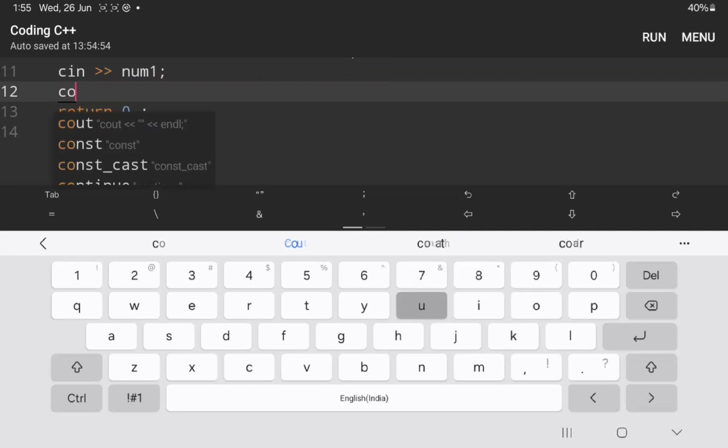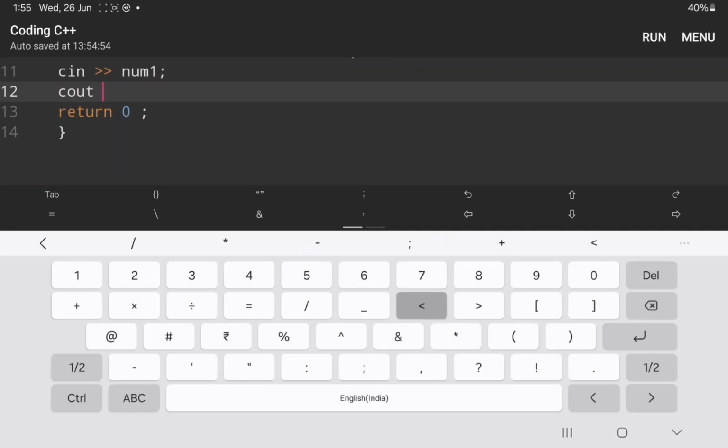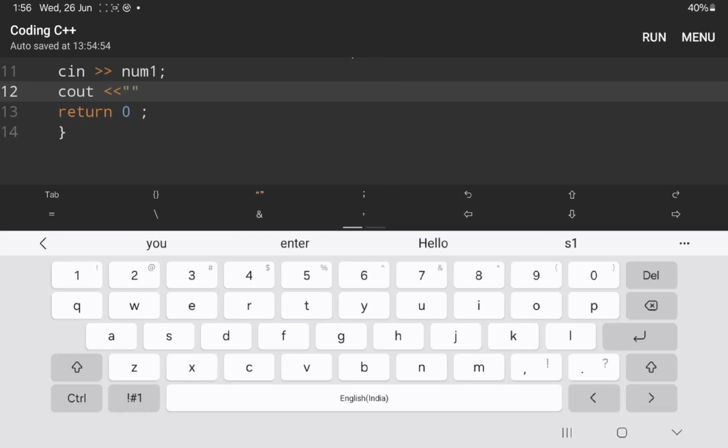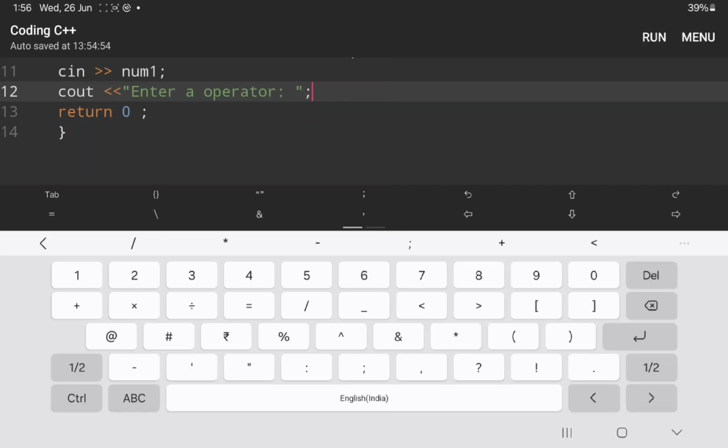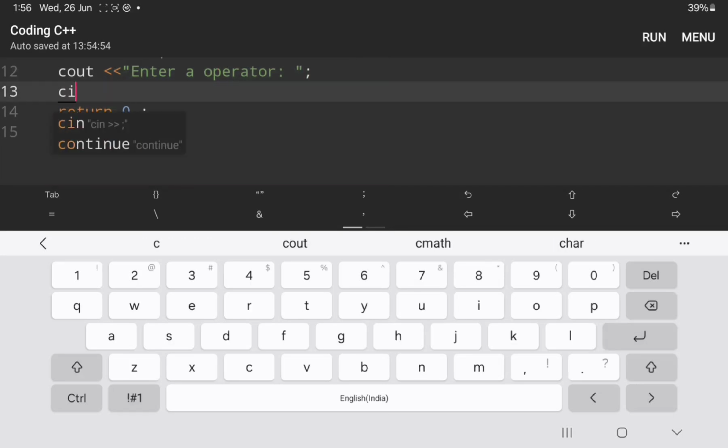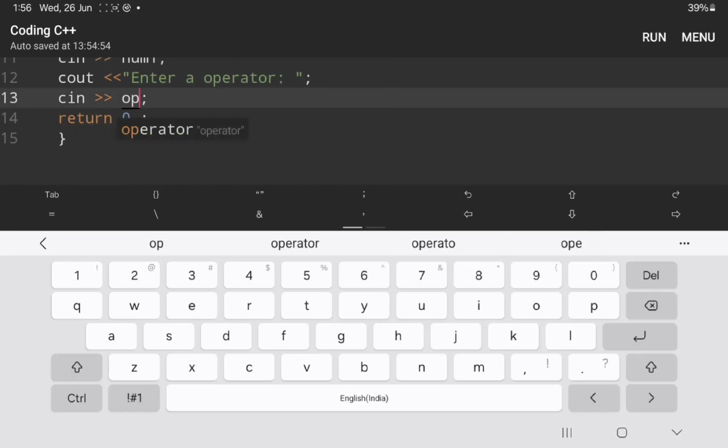Down I'll write cout, double less than angle brackets, in double quotes I am going to write enter an operator and colon, gap, semicolon, and we are going to write cin op.